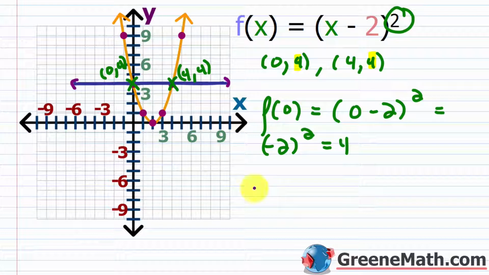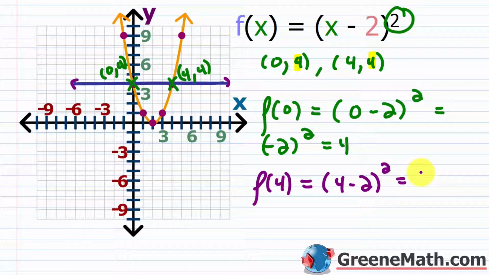Then also, if I did f of 4, this is what? It's 4 minus 2, that quantity squared. 4 minus 2 is 2. 2 squared is 4. So either way I get 4, and it's because of that squaring operation that takes a negative and makes it positive and takes a positive and keeps it positive. So that's why for that given y value, you've got two different x values associated with it.